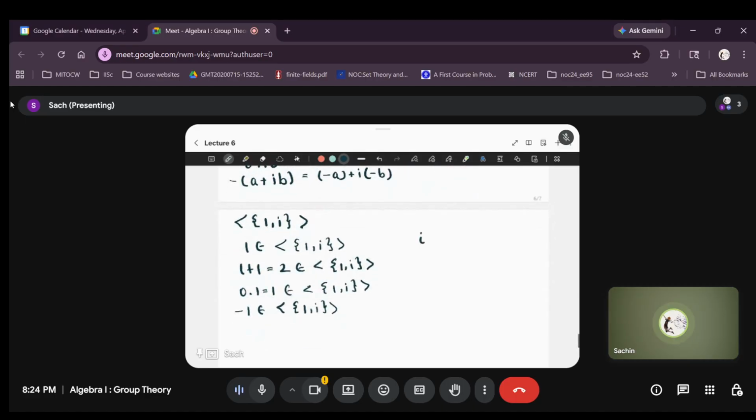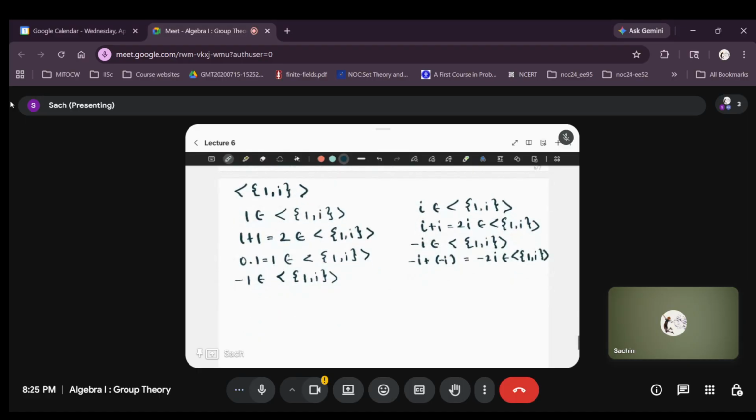Now it also contains i. So it must contain i plus i, which is 2i. It must contain minus i. So it contains minus i plus minus i, which is minus 2i. So it also contains all multiples of i. It must contain them.